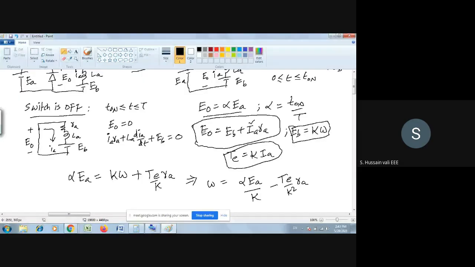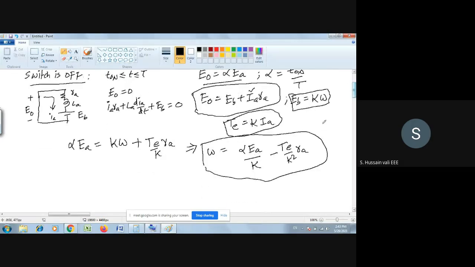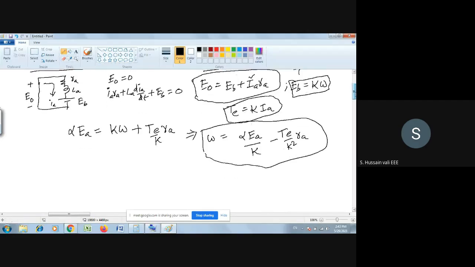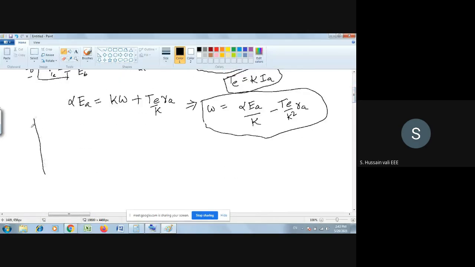There is a relationship between speed and torque. So now we'll draw the graph. What is the graph you will get here? Here is TE, the electromagnetic torque, and this is omega.